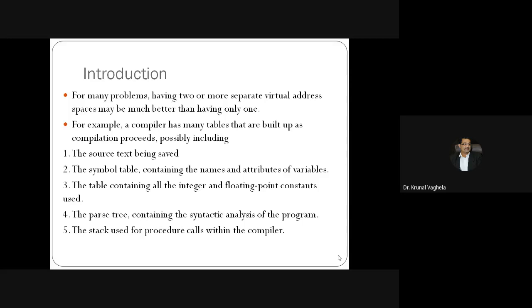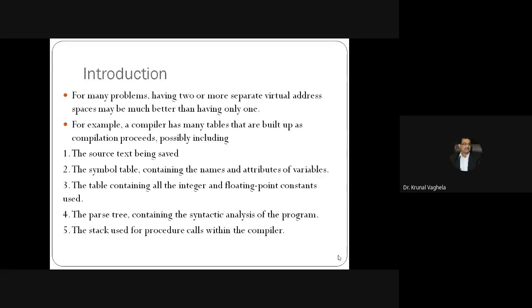First is the source text, second is the symbol table which contains variables, and the third one is integer and floating point constants. Fourth, the parse tree. A few words you may not understand here, but when you learn the CD subject, which is compiler design, at that time you will learn.